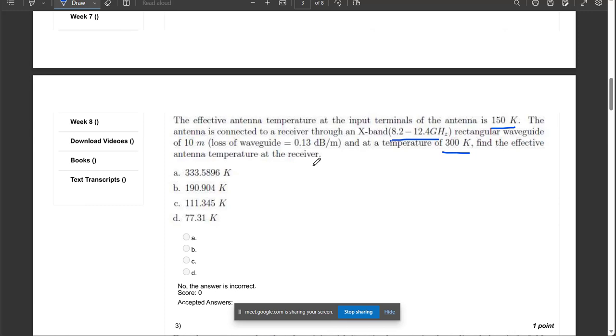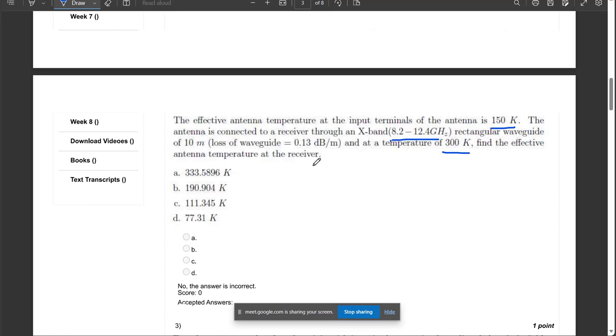It is connected to a receiver through an X band rectangular waveguide of 10 meters. Here it is also given that the waveguide is not ideal, it is a lossy waveguide, and the loss of waveguide is how much? 0.13 dB per meter.